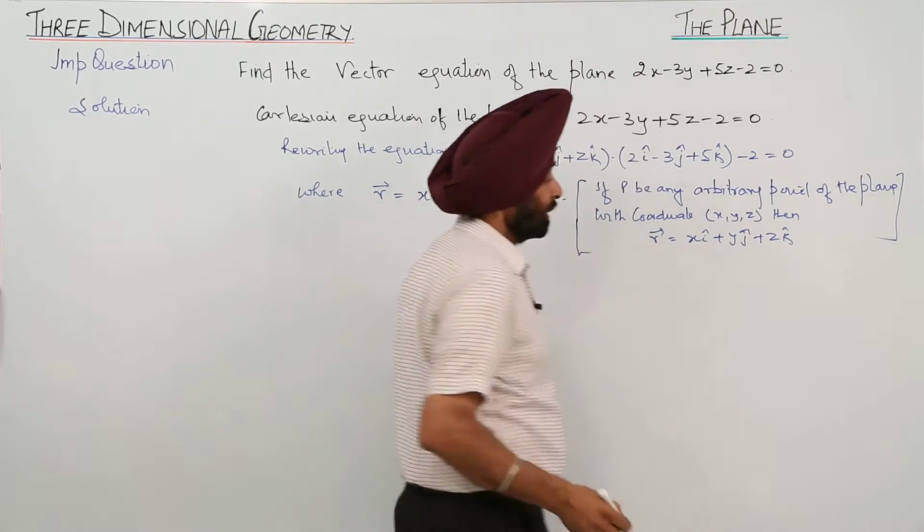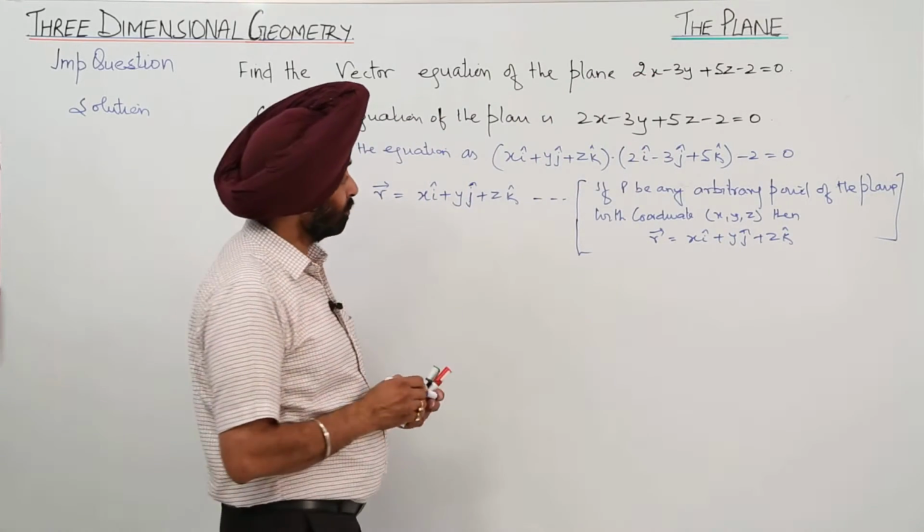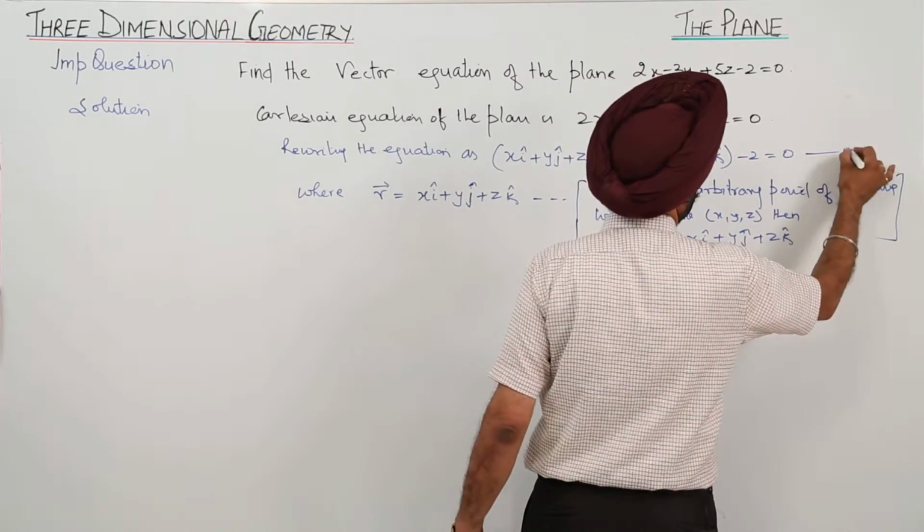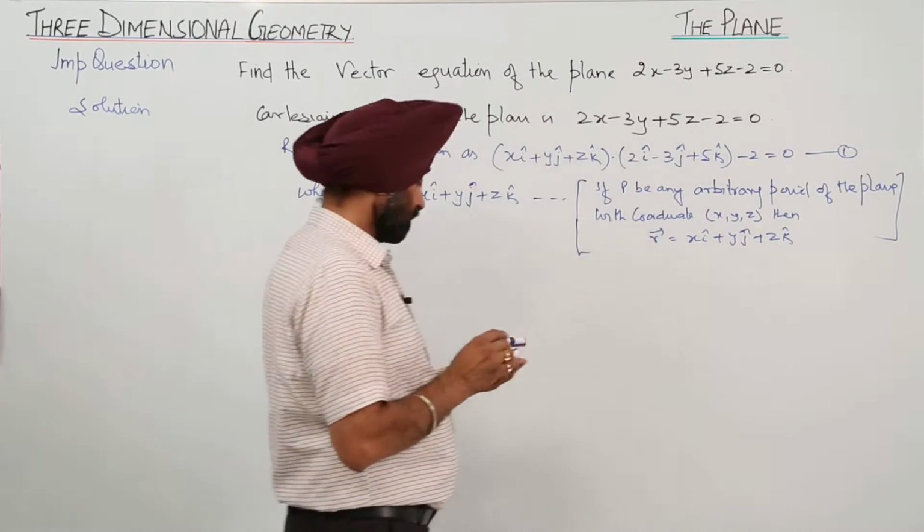So, we are having x i cap plus y j cap plus z k cap is equal to vector r.